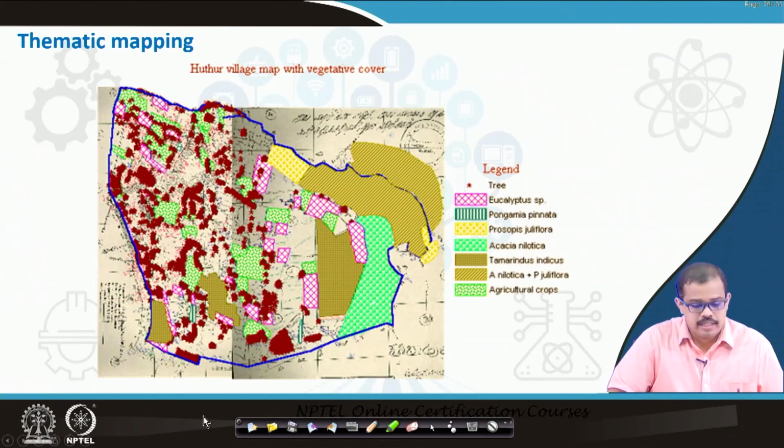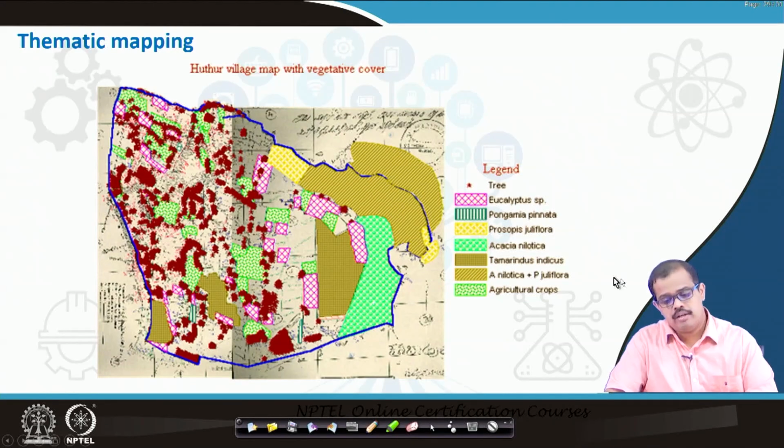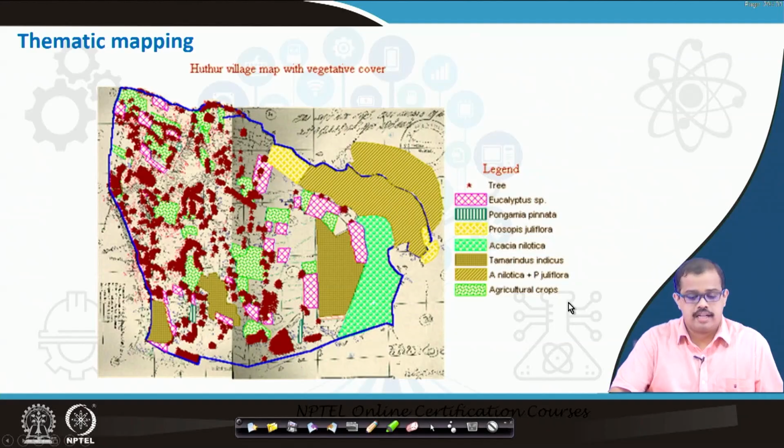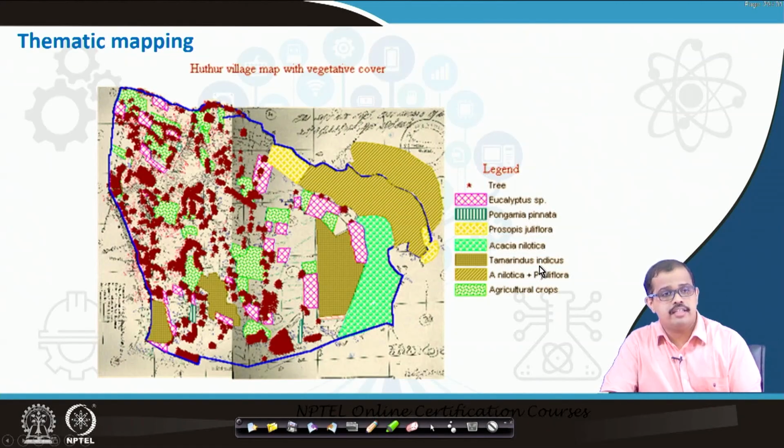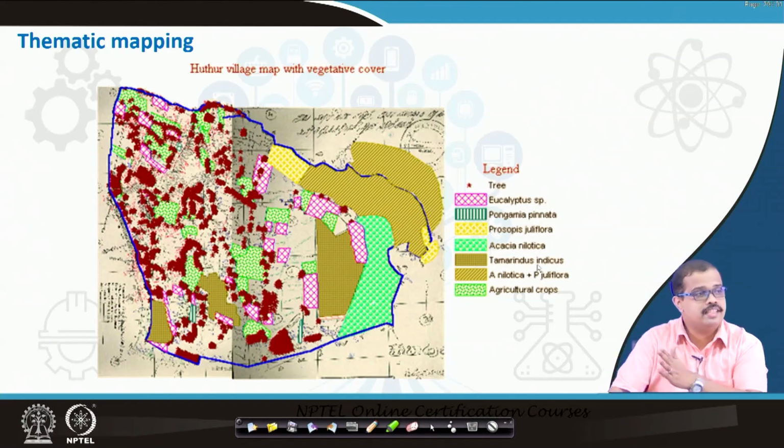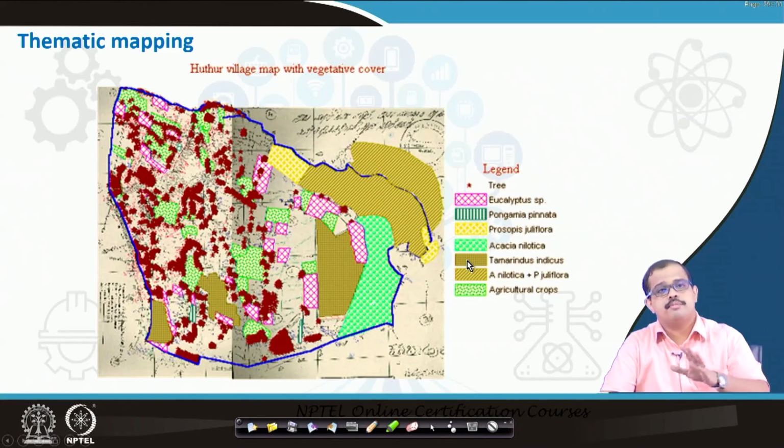So for example, here there is a thematic map. This is about the different trees that are there in this particular region of Hutur village. And when you look at this, is there an agricultural cropping region in this? Now if I create this map in 1996, and recreate that map in 2006, and then in 2016, we can see the change that has happened in this particular village.